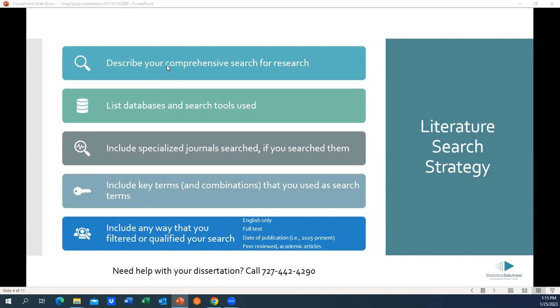So it's important that if you do have that kind of window that you need to work in, you put it in the literature search strategy, that you focus mainly on material that was published within 5 years of when you plan to graduate.